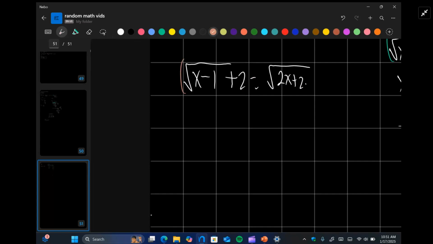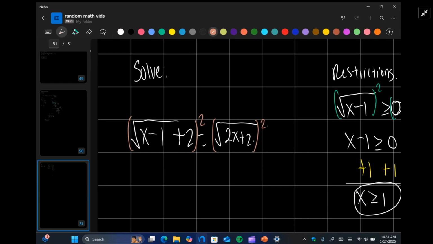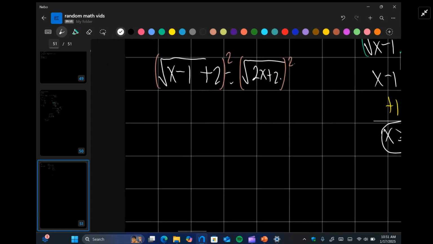So the first thing we need to do is square it because we need to get rid of this radical. And this is a little tricky because most of the time, a lot of students don't know how to do this because it is difficult. We don't see these very often.